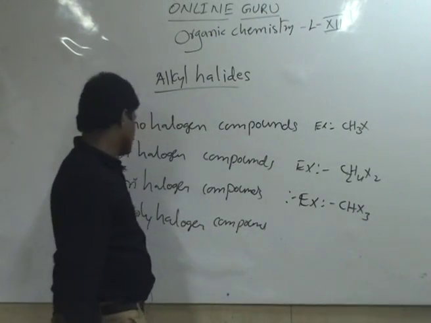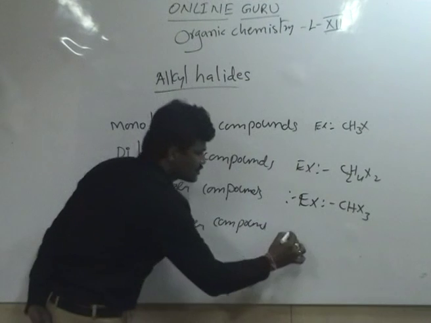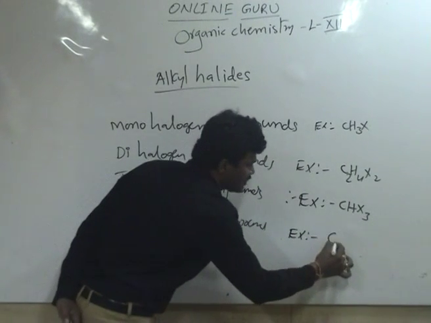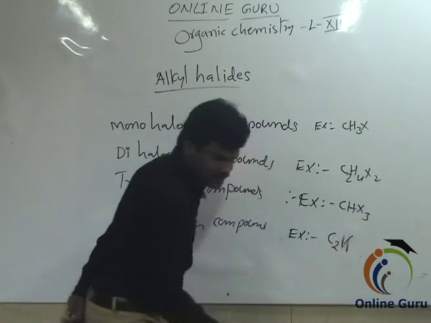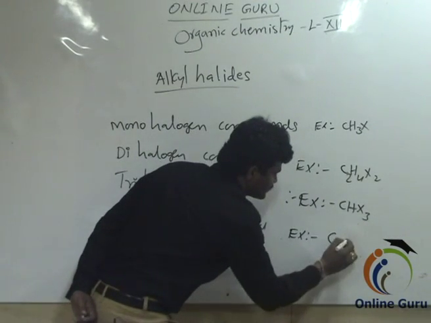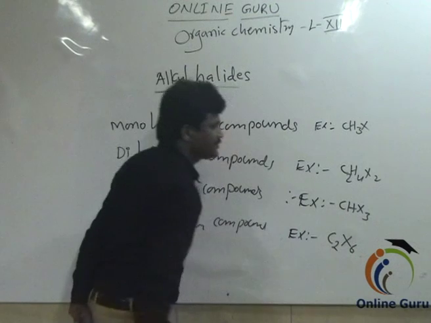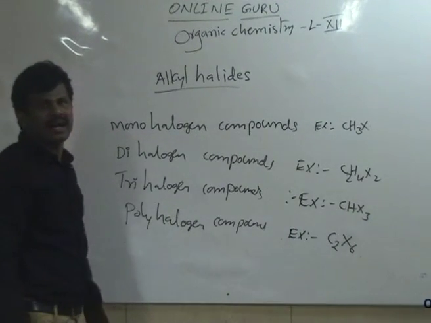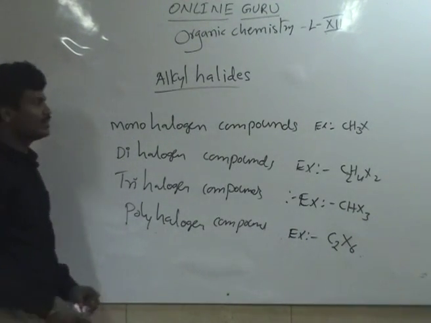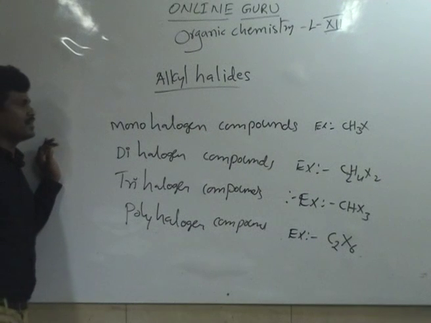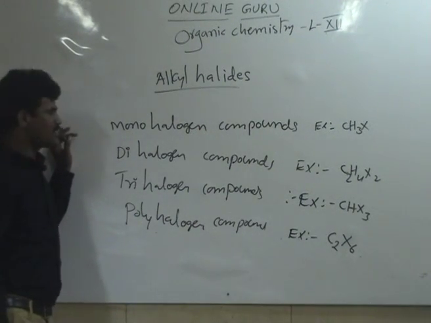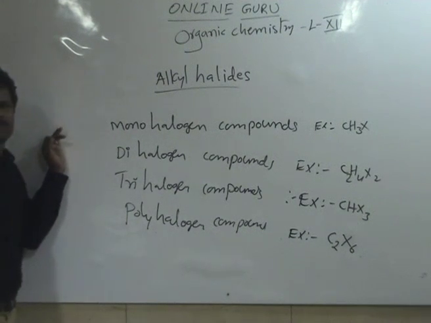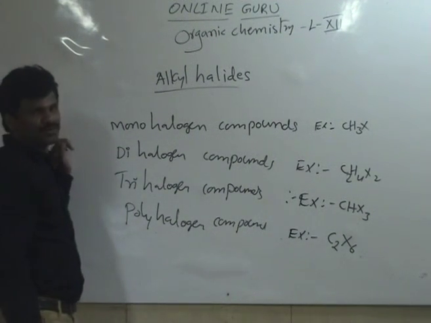For polyhalogen compounds, suppose C2X6 is the polyhalogen compound. So halogen compounds are of monohalogen, dihalogen, trihalogen, and polyhalogen types.